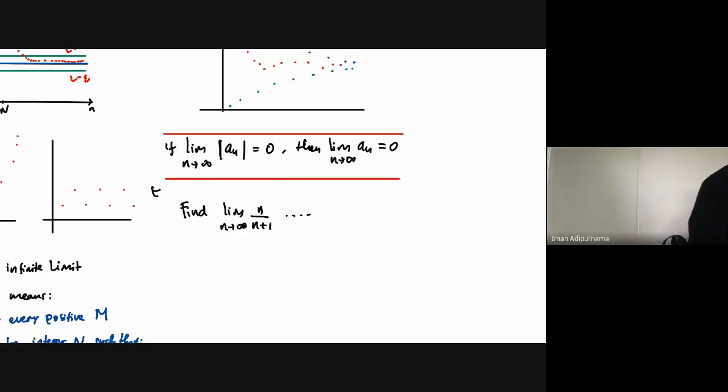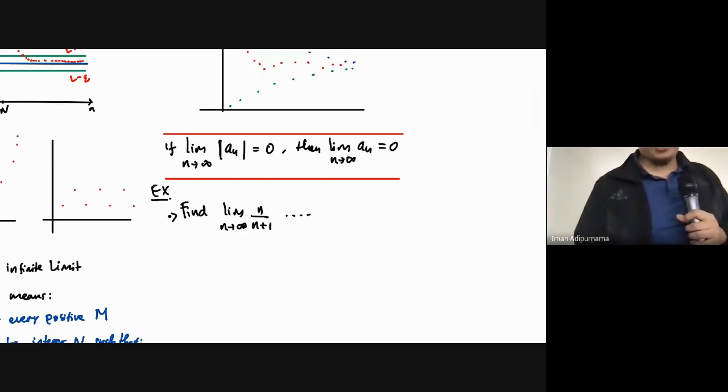So find an example. Find the limit as n approaching infinity of n over n plus 1.